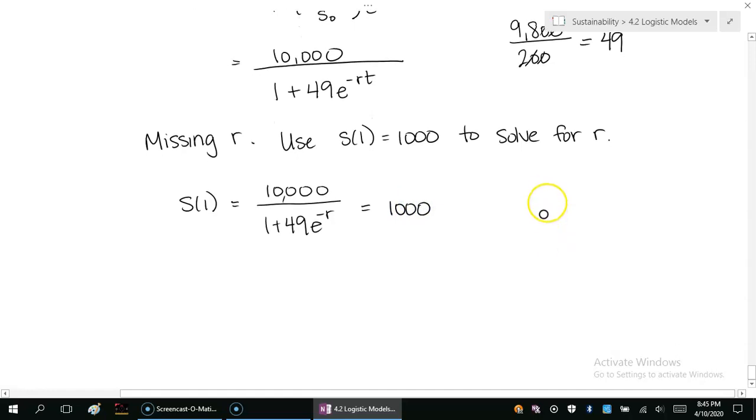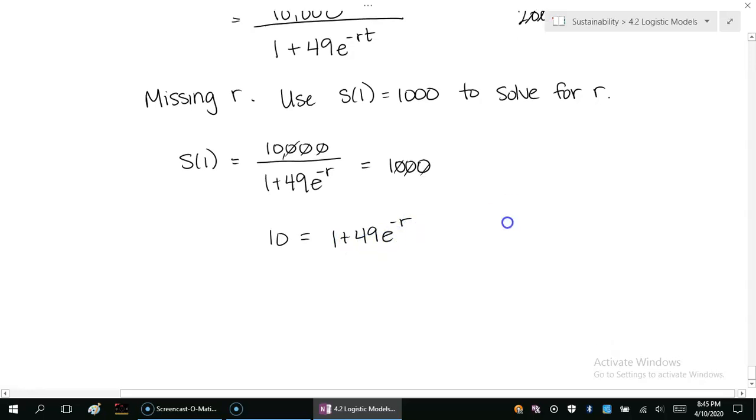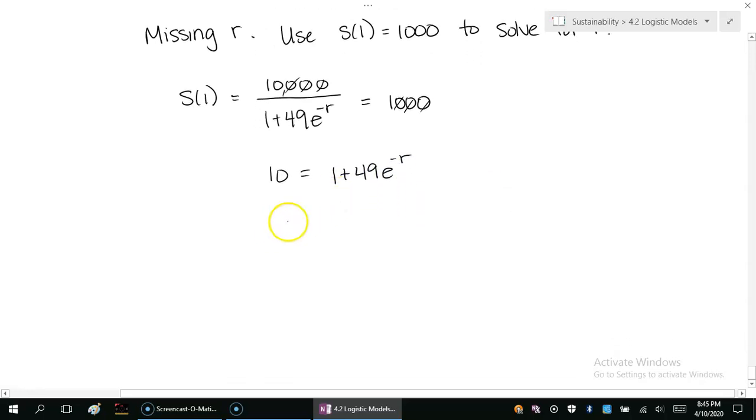So I'm going to solve for the r that makes these two things equal. I can divide both sides by 1,000, and that gives me 10 over this fraction is equal to 1, so I'll multiply both sides by this, and I get 10 is equal to 1 plus 49 e to the negative r. Subtract 1 to get 9 is equal to 49 e to the negative r.